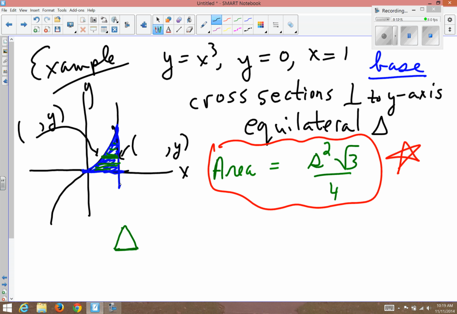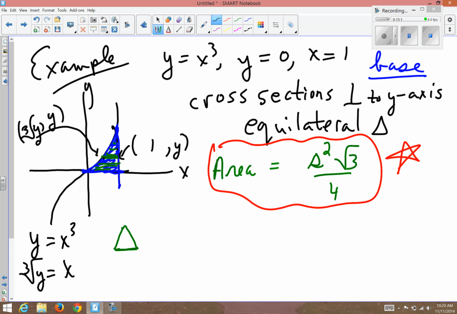On this vertical line, everywhere on this vertical line, x is 1. On this curve, where y equals x cubed, everywhere on that curve, the cube root of y is equal to x. I could label any point x comma y. But this x has to be the cube root of y.